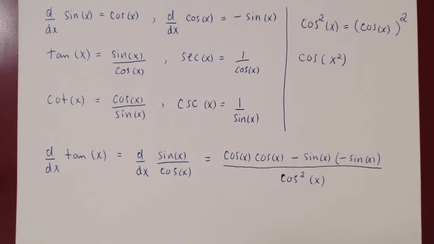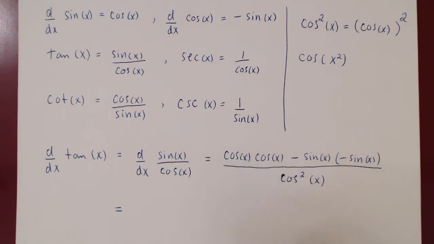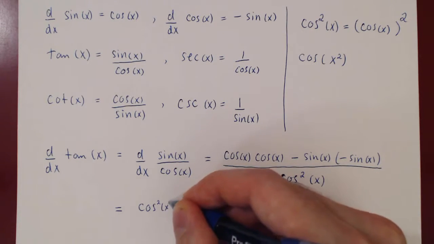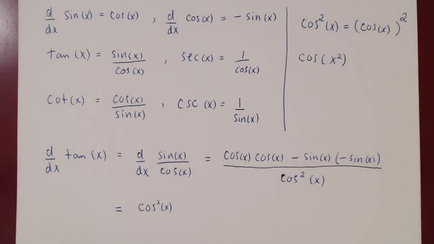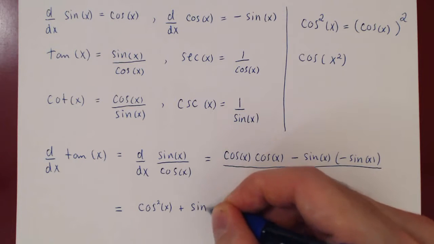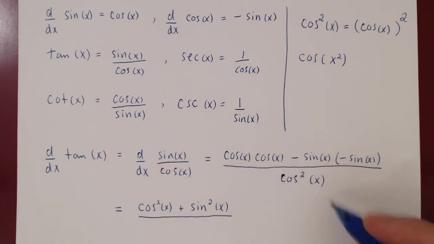So now, let's simplify. What do we have? Cos times cos, that's cos squared. Minus minus will be plus, sine times sine, so plus sine squared of x. And we are dividing by cos squared of x.